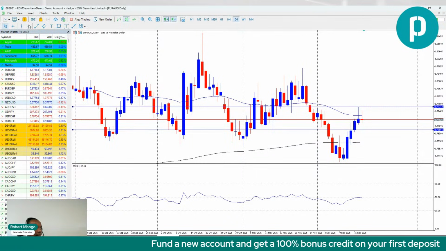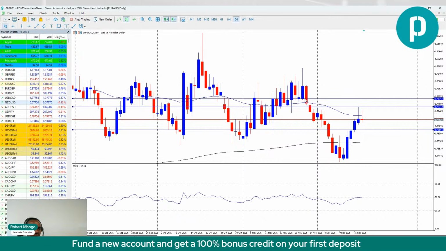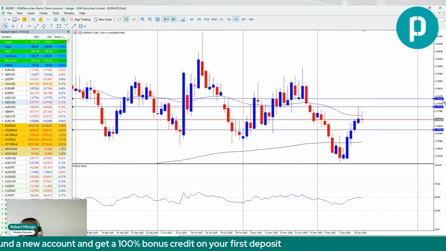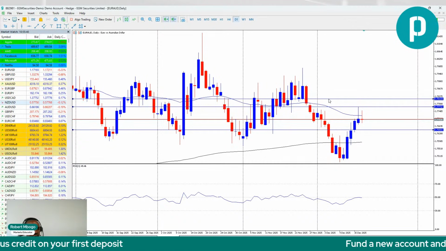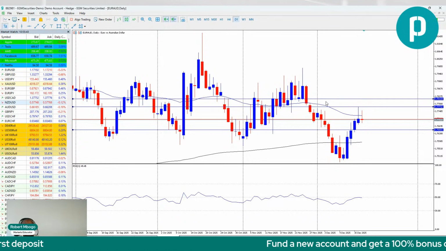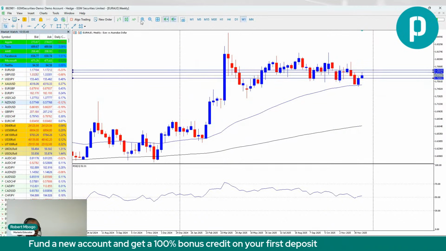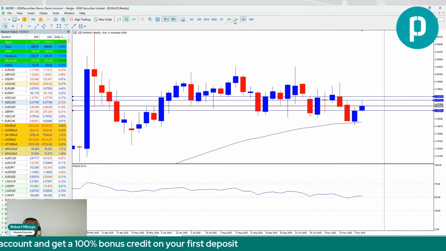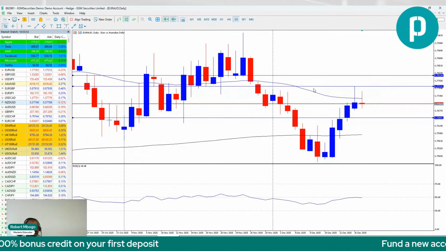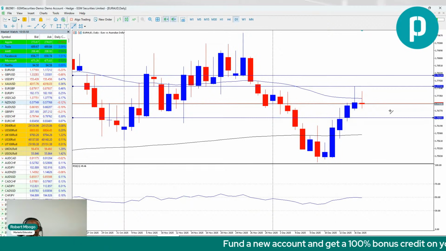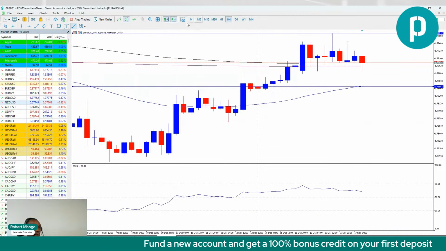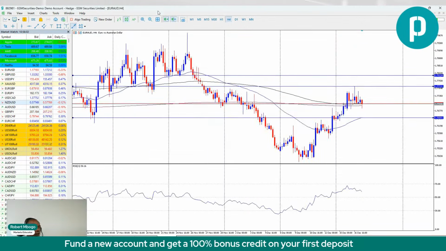So Euro AUD could easily come to this area, 78.14. 78.14 is an area of serious consideration, an area of interest because of this order block. So it could behave the same way as we have seen on the weekly. So this daily could act as a very strong sell area or a take profit area. So that will be my play on Euro AUD.